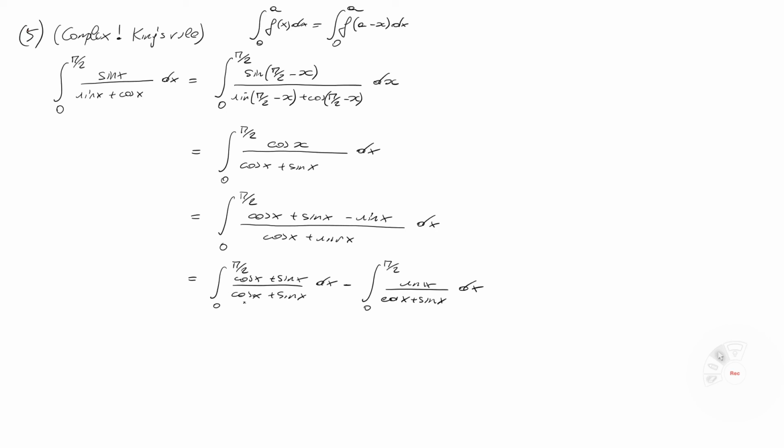And now the integrand here is 1. So on the left I have the integral of 1 dx from 0 to pi over 2, so that's going to give me pi over 2. And the other term I'm going to copy verbatim, because that's not something that I can calculate right away.